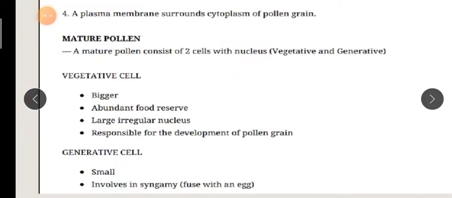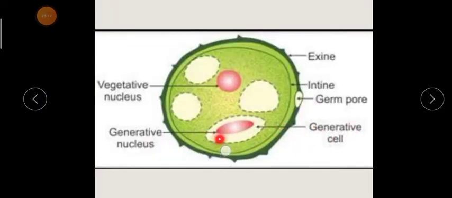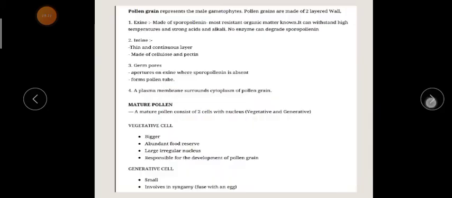If a nucleus is there, a cell will also be there. The generative nucleus is surrounded by a generative cell. Similarly, the vegetative nucleus is surrounded by a vegetative cell. The vegetative cell is bigger in size.